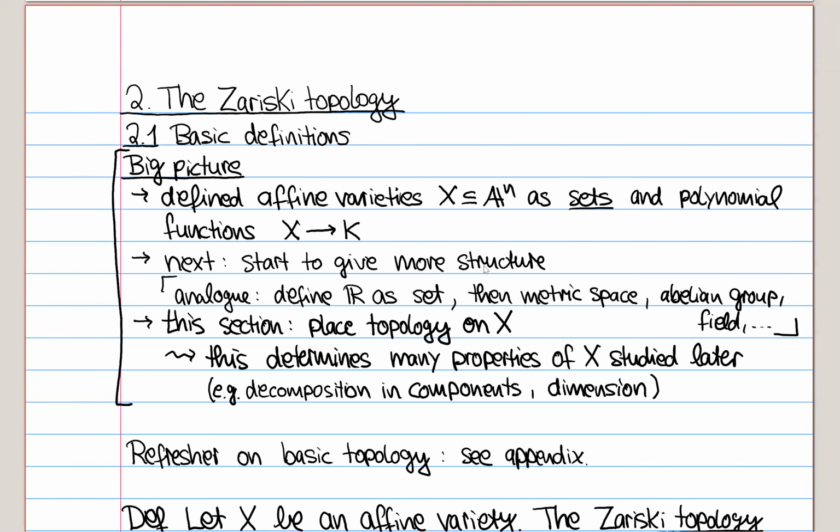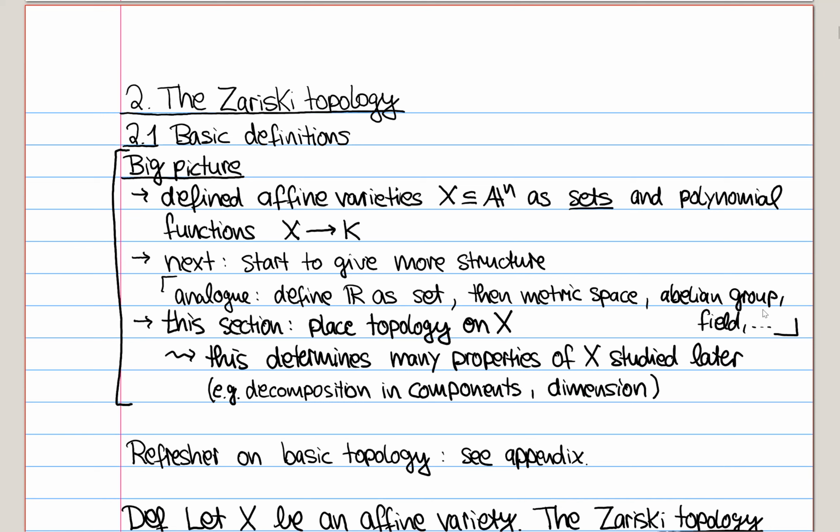And you have seen this in various other lectures. For example, in analysis, you start by defining the real numbers first as a set, how you can describe them. Then you maybe give them some metric, or at least define what it means for sequences to converge.